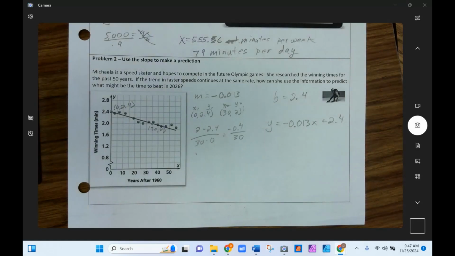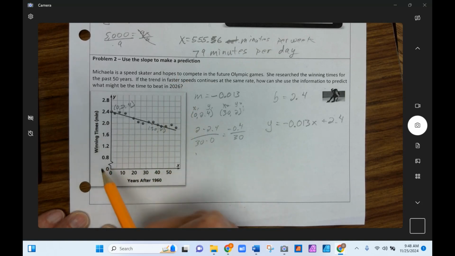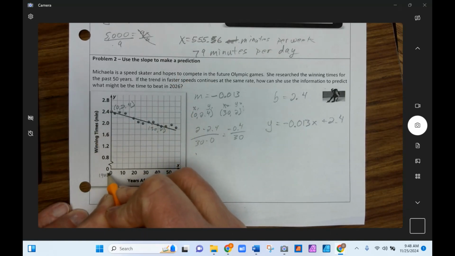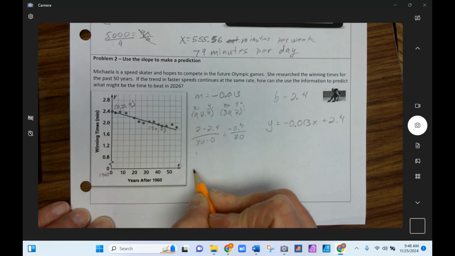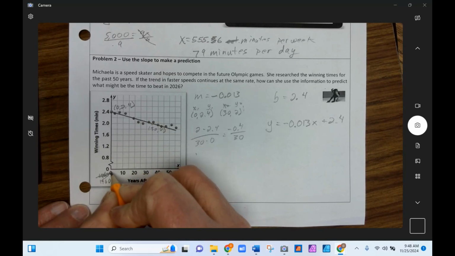And then how can she use the information to predict what might be the time to beat in 2026? So 2026 is basically, if we're starting at 1960 here, and we're using a prediction to go out, I think that's 66 years, right? 1960 is at 0.